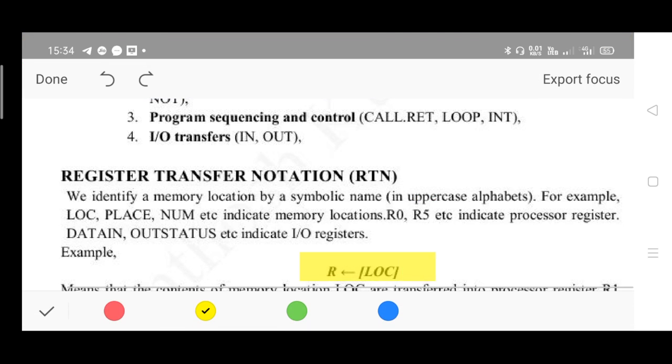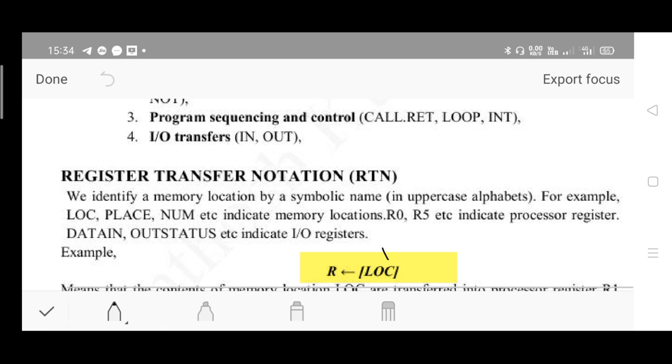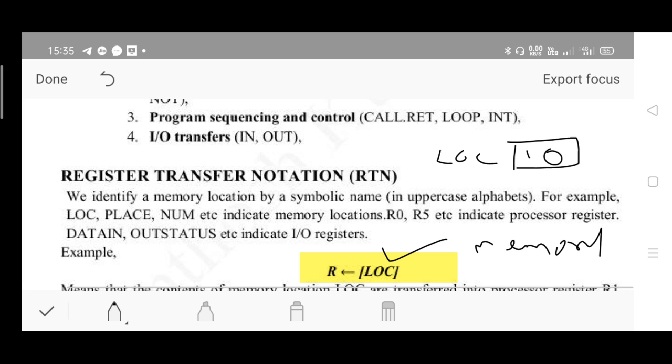Say the statement which I am highlighting. Content from the memory location. What does this LOC stand for? LOC stands for memory location. Certain contents are available at the memory location. What is the name of the location? LOC. Let LOC be a memory location which is holding an integer value, say 10. Hope this is visible.